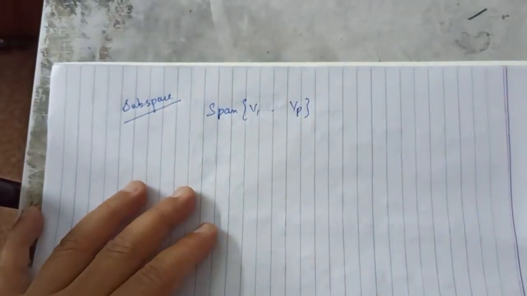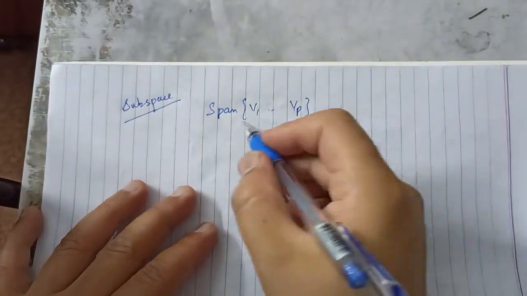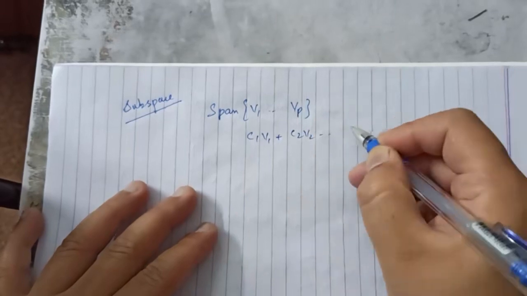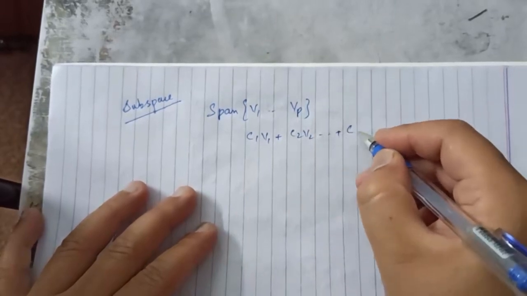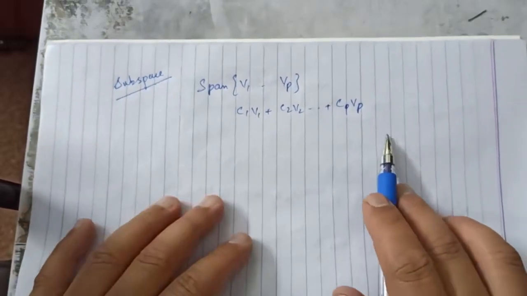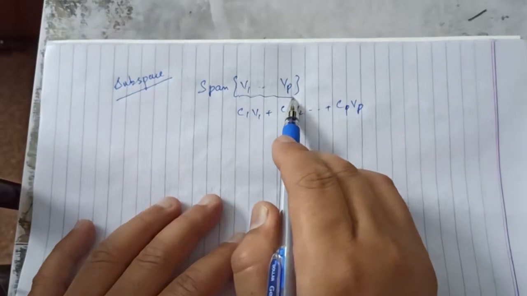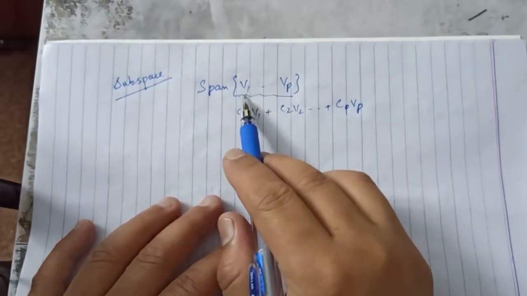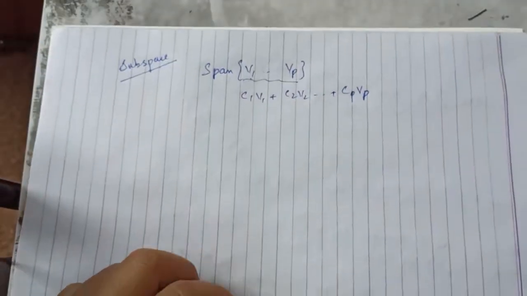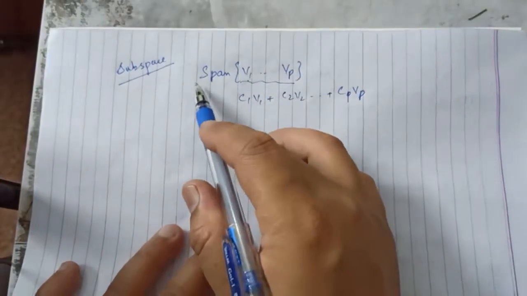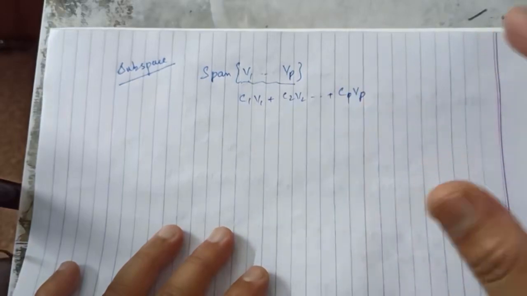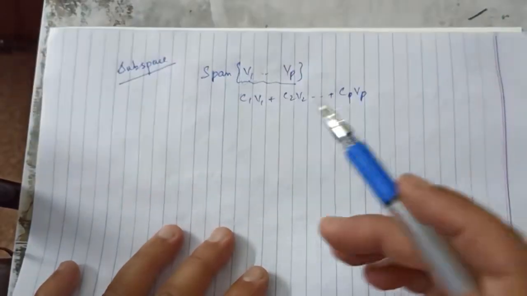Span is nothing but c1 v1 plus c2 v2 up to cp vp, so all possible linear combinations of these vectors can define a subspace, with the condition that all the vectors in that span satisfy the three axioms.